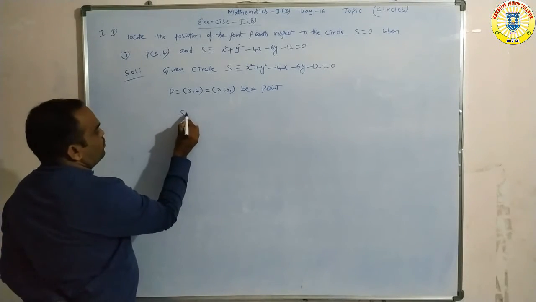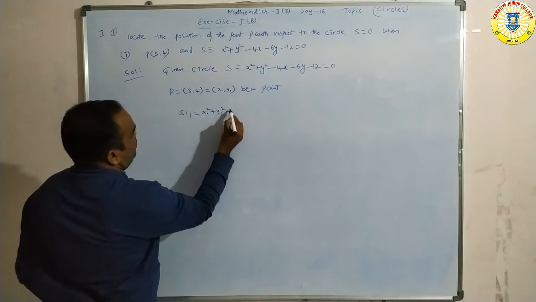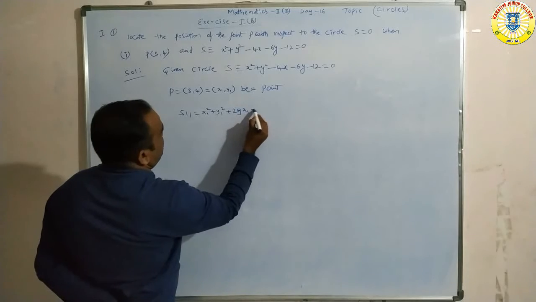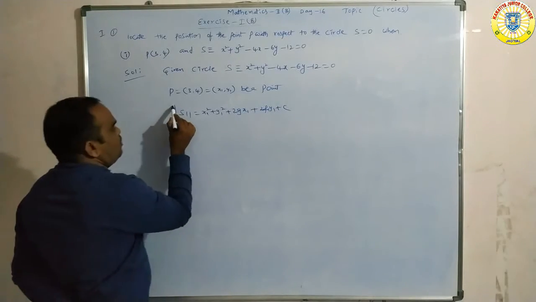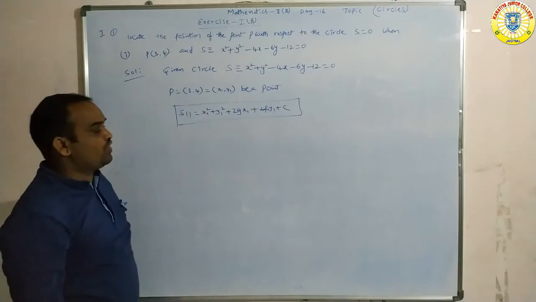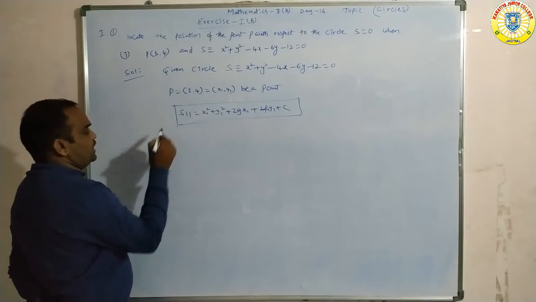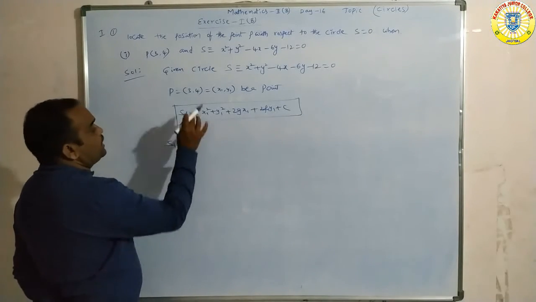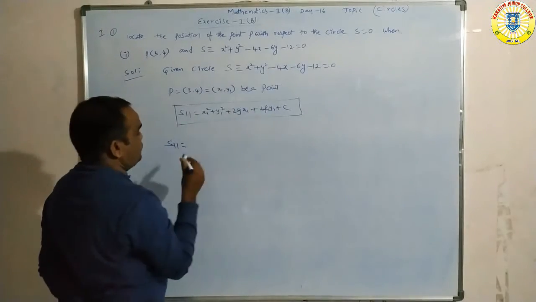So here we have the notation S11 is equal to x1 square plus y1 square plus 2gx1 plus 2fy1 plus c. The value of x1 square plus y1 square plus 2gx1 plus 2fy1 plus c is called S11. Here we are finding S11. Here x1 is equal to 3, y1 is equal to 4. We are substituting the values in this equation.